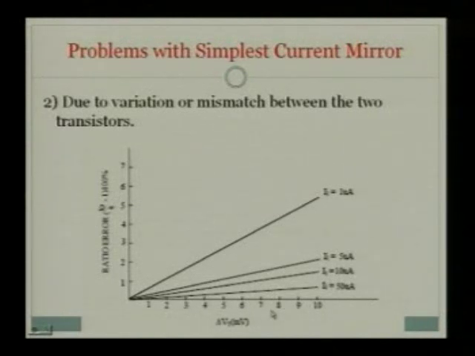This is the delta VTH error, and this is the reference current. Suppose IREF is 1 microampere and delta VTH increases, so error increases. And for a fixed delta VTH, if our reference current increases, error also increases. It is due to the mismatch between the two transistors, basically mismatch of their VTHs.